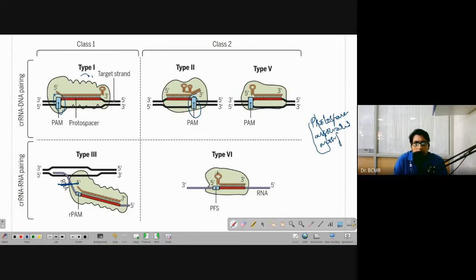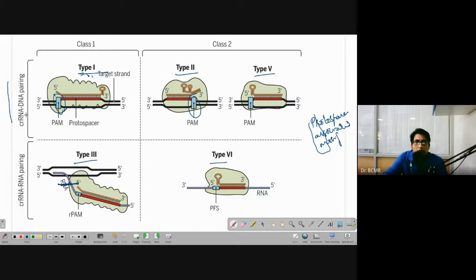So you can see that there are 1, 2, 3, 4, 5 types. As people kept on discovering, they found more varieties of CRISPR, which work on similar grounds, except there are two different categories.